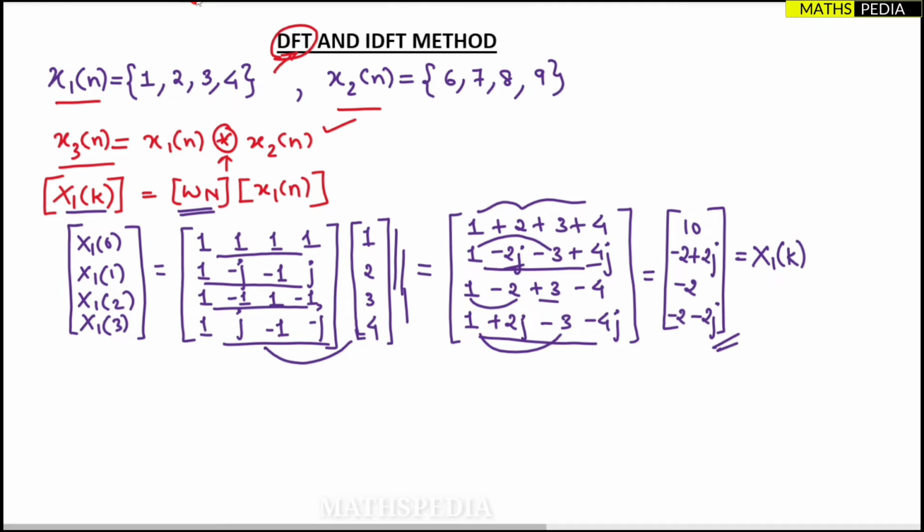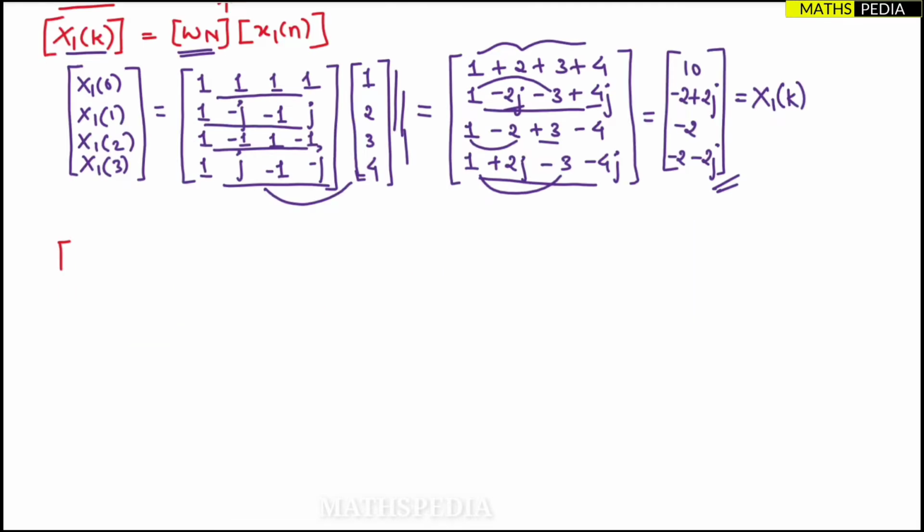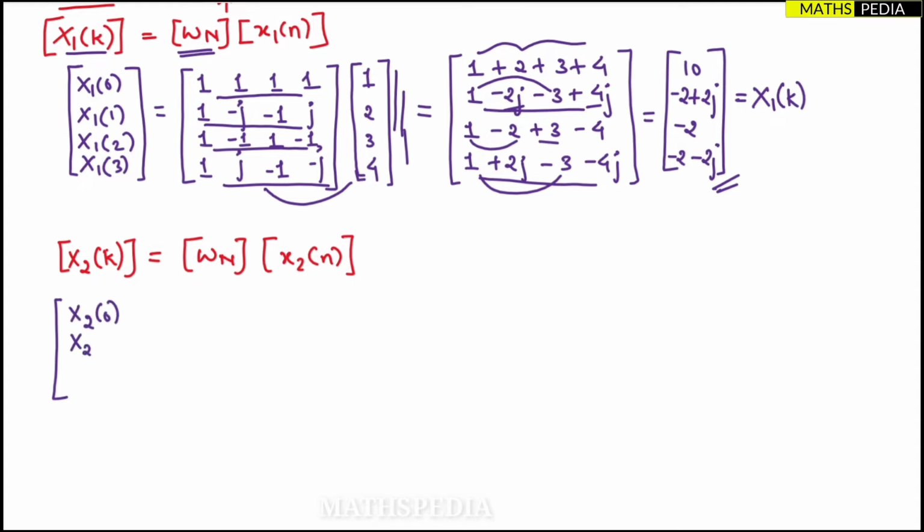Let us go for the DFT of the second sequence. Now x2 of k we will find out, which is equal to, again the WN matrix will come into x2 of n, the second sequence. Okay, these are all matrices. So x2 of k we will write, which is nothing but the matrices: x2 of 0, x2 of 1, x2 of 2, and the last one x2 of 3 we have to get.